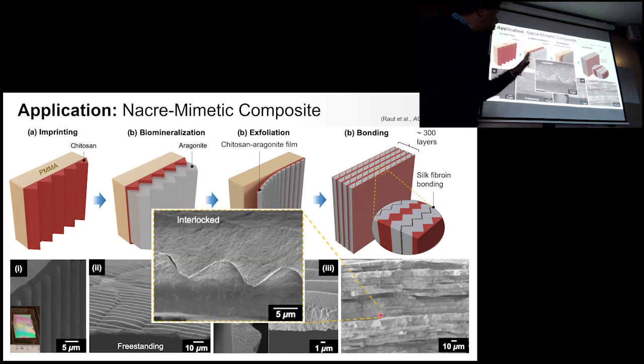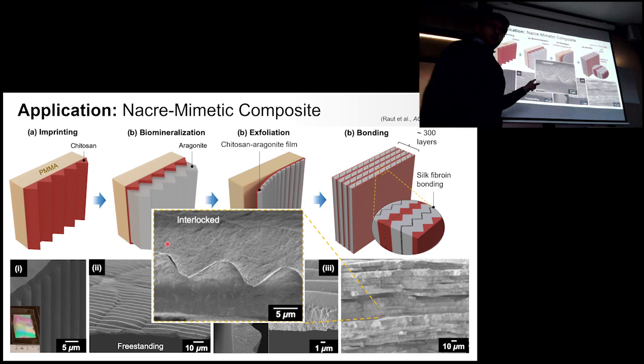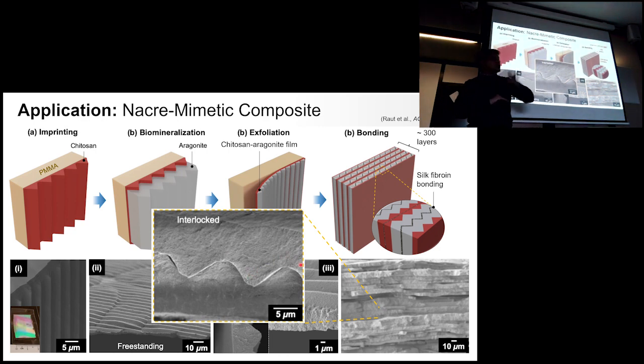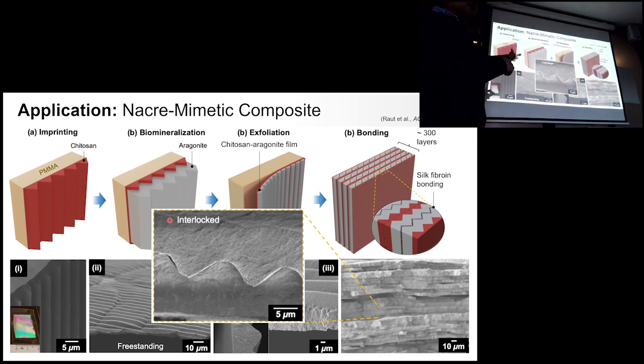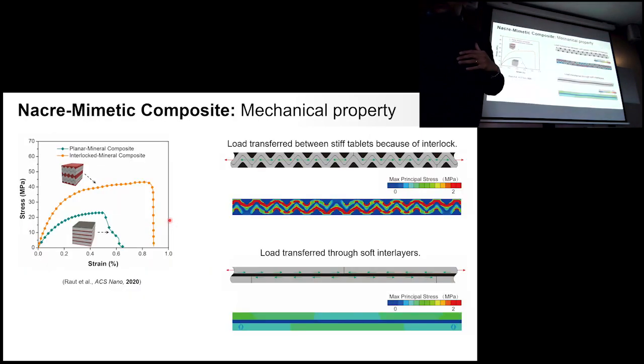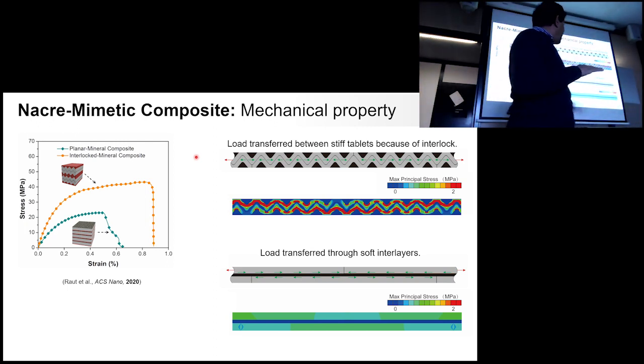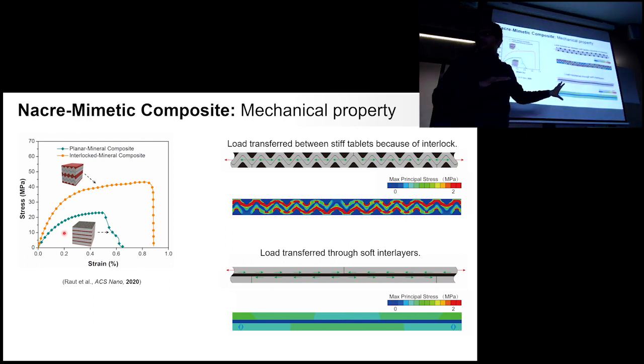The fact that we can create this microstructure also allows us to orient these layers together such that we can interlock them, creating the wavy profile you saw earlier. In Nacre, these wavy profiles are interlocked, and the reason for that is the tensile strength of nacre. So far, none of these nacre mimetic research has duplicated the tensile strength of nacre, not even our work.